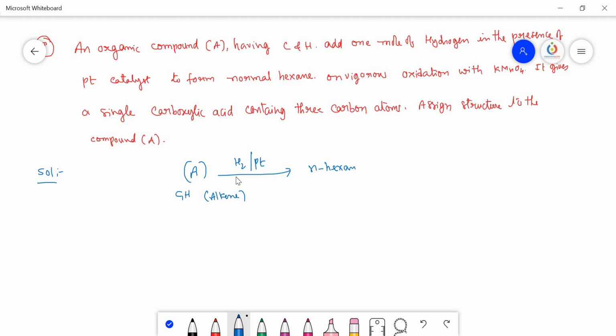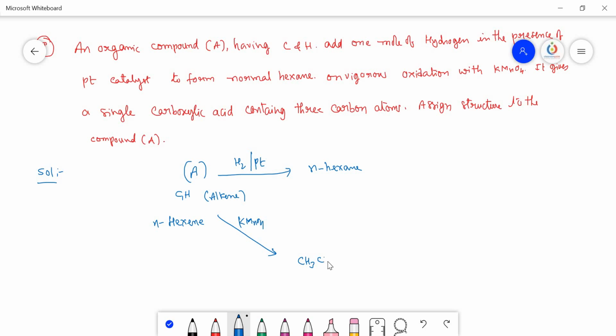N-hexane means this particular A molecule must be hexene. N-hexene means there is a double bond, but we don't know the position of the double bond. So for that purpose we need to depend on another reaction. This particular A compound on vigorous oxidation with KMnO4 gives a single carboxylic acid containing 3 carbon atoms.